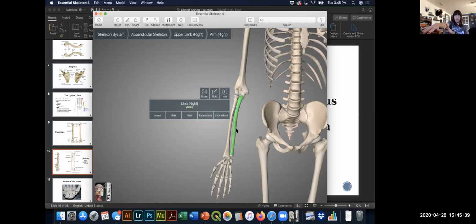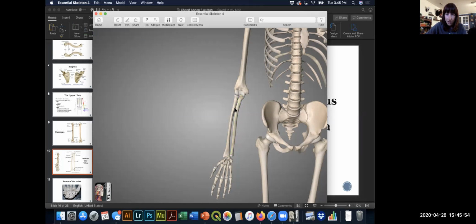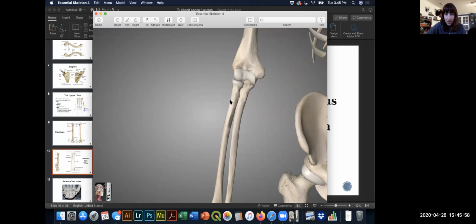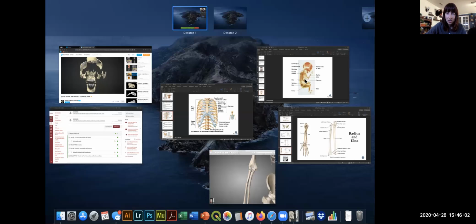The radius will be medial and the ulna will become lateral. So always make sure you're talking about anatomical position if you're going to be using those directional terms regarding the radius and the ulna specifically. What else we got for radius and ulna? We've got the radial notch.